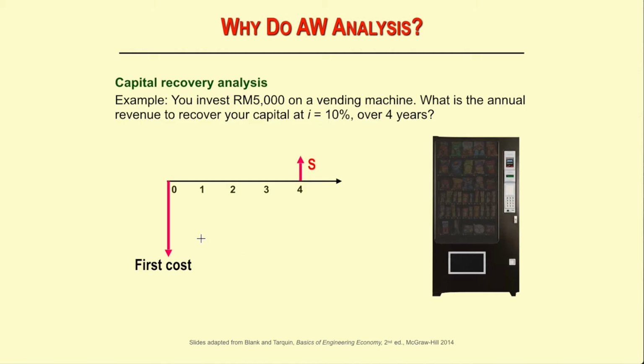In order to answer that question, the first cost and the salvage value of the asset must be converted into annual worth value, and that annual worth value is actually the annual revenue that the vending machine must generate in order to recover your capital at the required rate of return of 10%. There is an example of capital recovery analysis later on in this lesson, and I hope that example will further clarify these points.